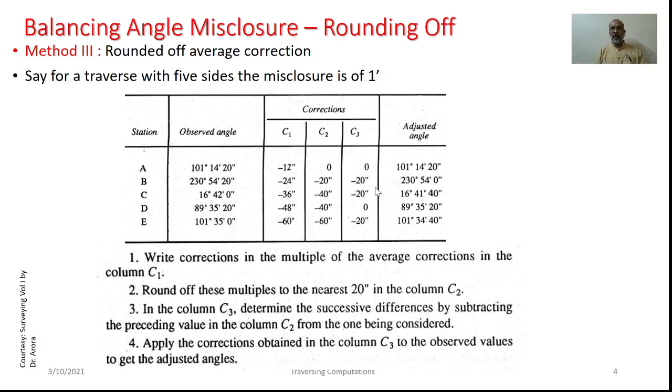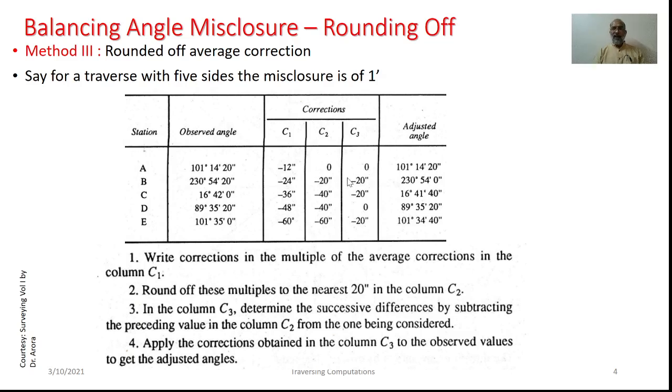So here, we get these C3 values as 0, here 20 second minus 0, it will give 20 second. 40 second minus this preceding value 20 second, it will give you minus 20 second. 40 minus 40 will give 0. 60 minus 40 will give again minus 20 second.